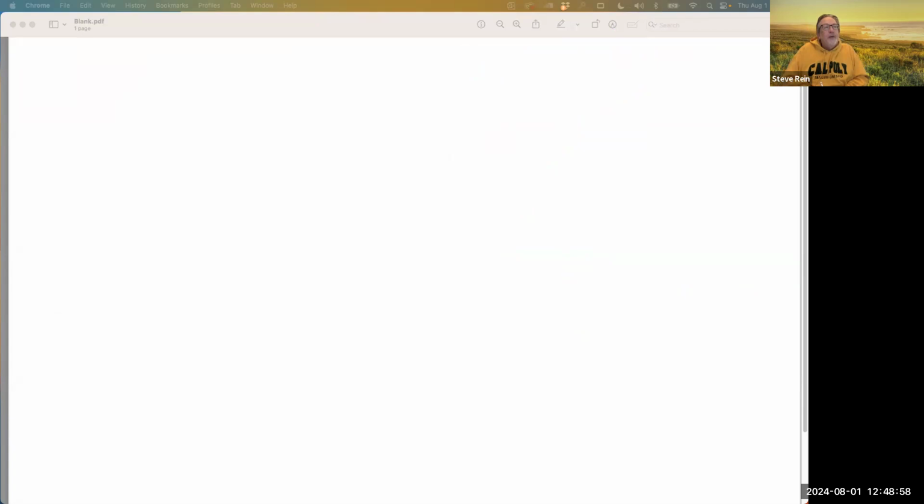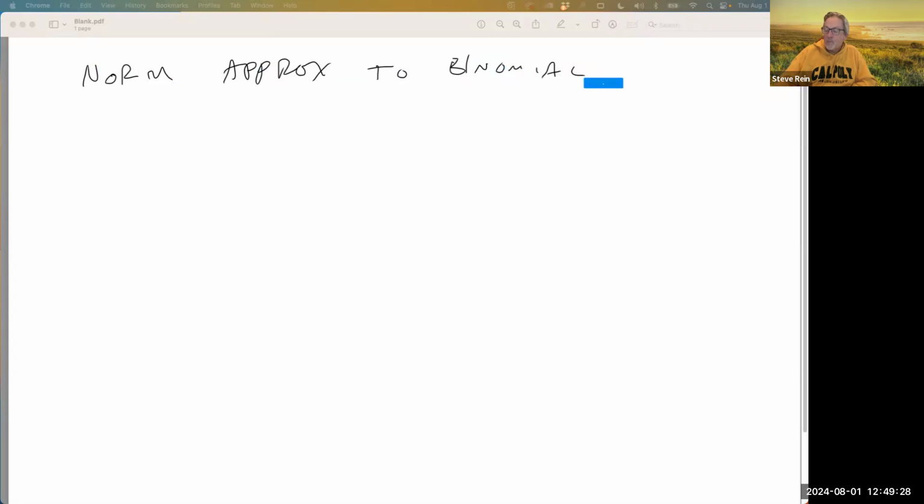But the reason we sometimes like to use these approximations, like a normal to approximate a binomial, is it gives you a gut feeling for what answer you're likely to get in any given situation. So let's start on the normal approximation to the binomial distribution.